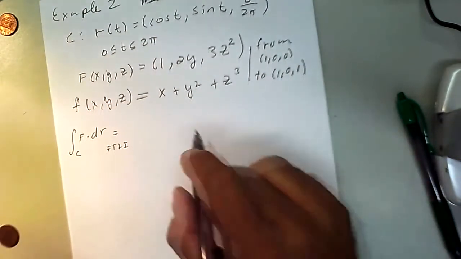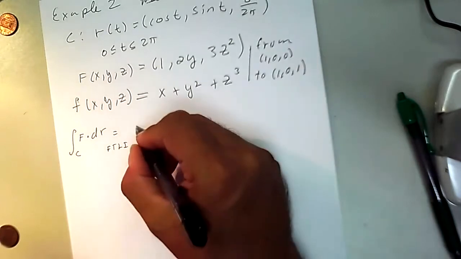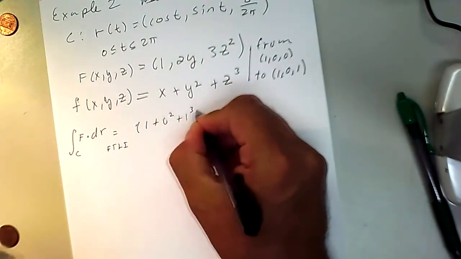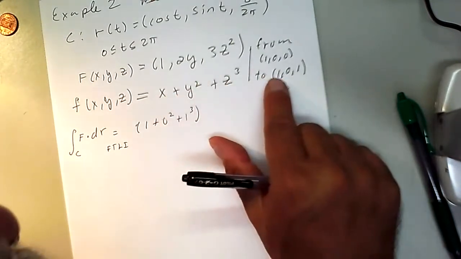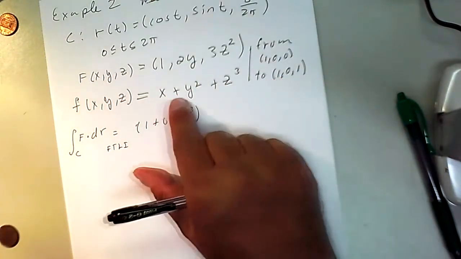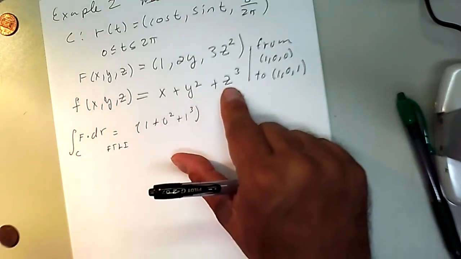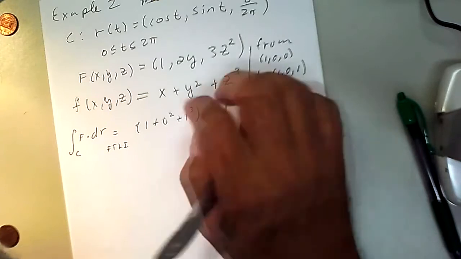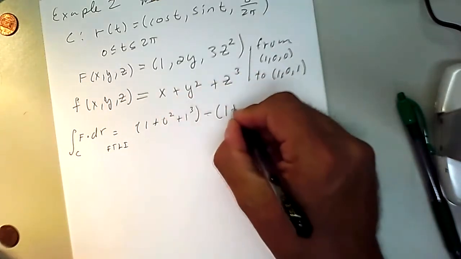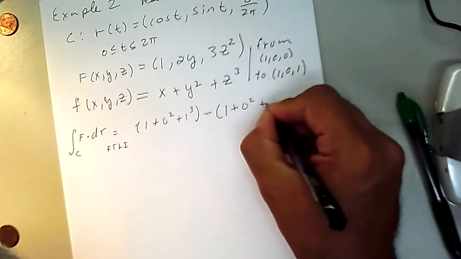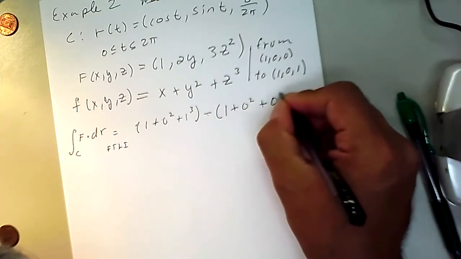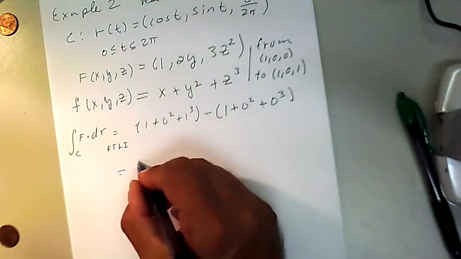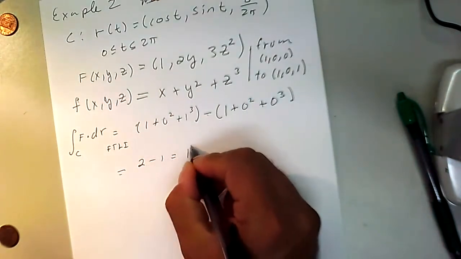So we're going to plug in 1,0,1 first: x plus y squared plus z cubed, so 1 plus 0 squared plus 1 cubed. And then we're going to subtract 1,0,0: 1 plus 0 squared plus 0 cubed. So that is, of course, 2 minus 1, and that is 1.